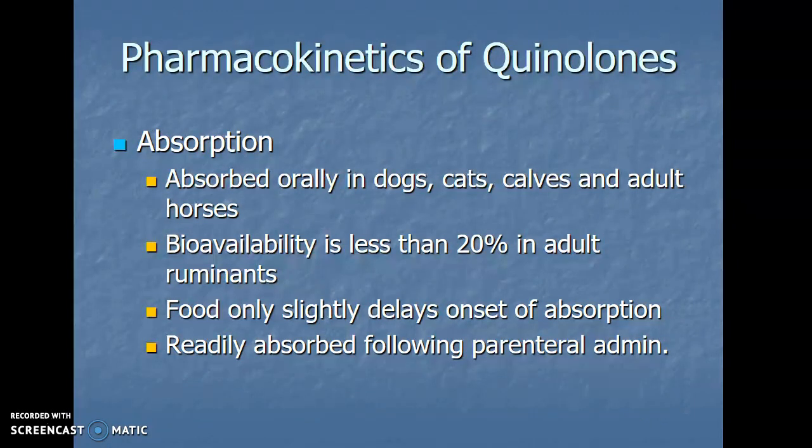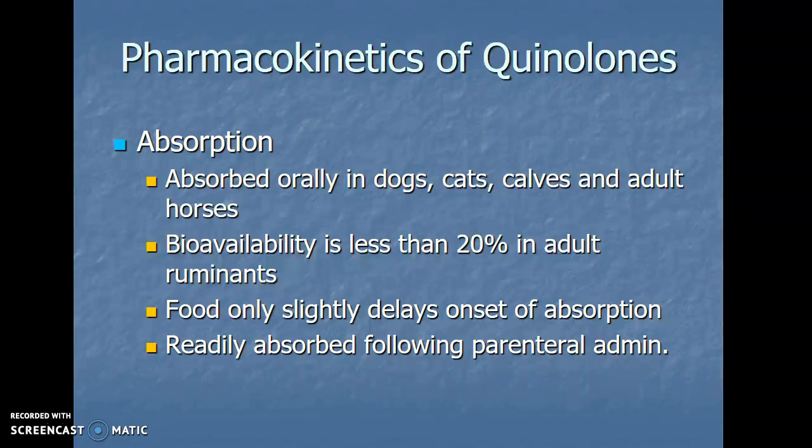So quinolones are pretty well absorbed in dogs and cats, and then calves and adult horses. It's not as well absorbed for some reason in foals. And then in adult ruminants, the bioavailability is low. So, especially if it goes into the rumen, it's not going to be as effective as the injectable.